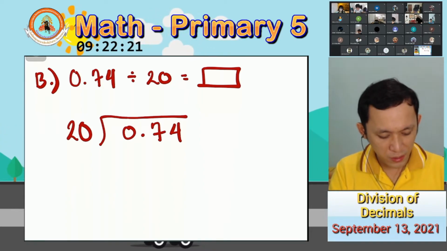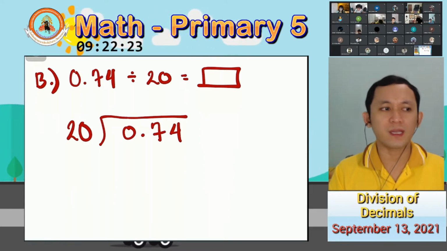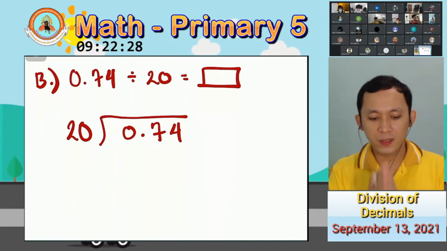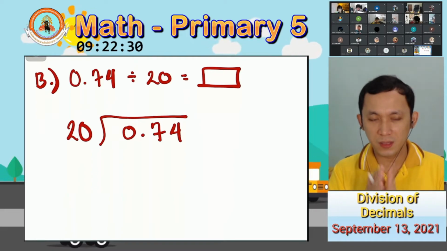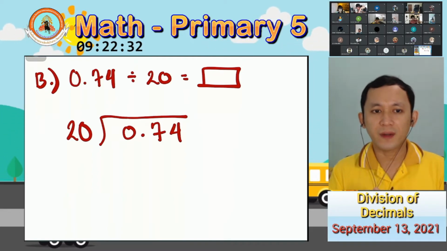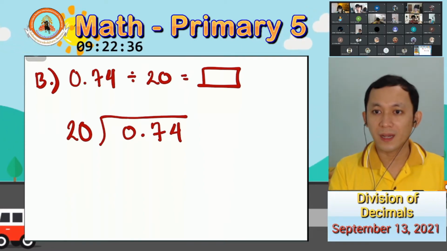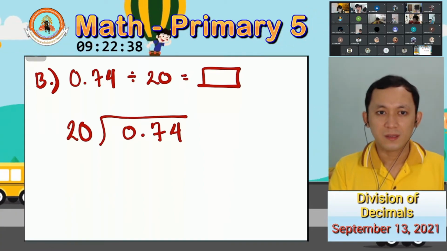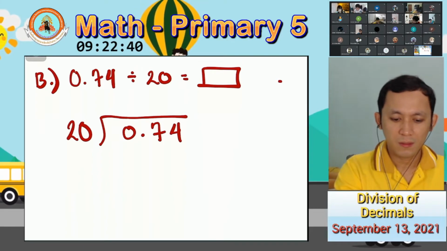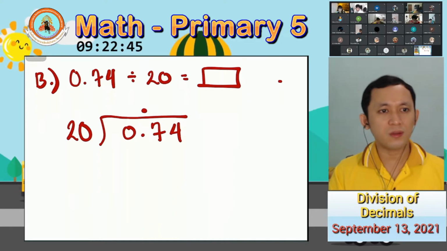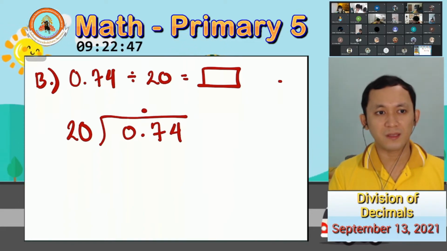So again, letter B, we have 0.74 divided by 20. Our dividend is 0.74. Our divisor is 20. So we are going to write it like this. Here, we can write our decimal point so that you will not forget your decimal point.